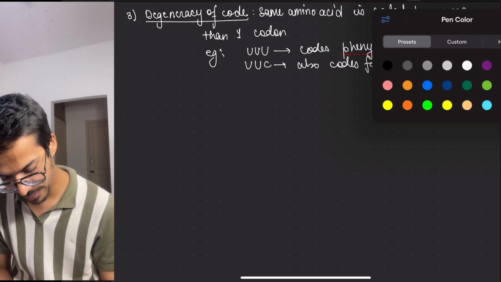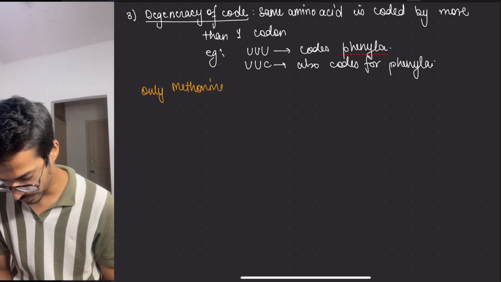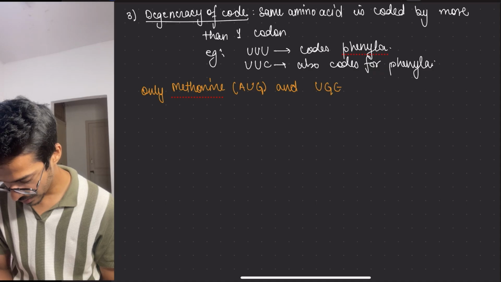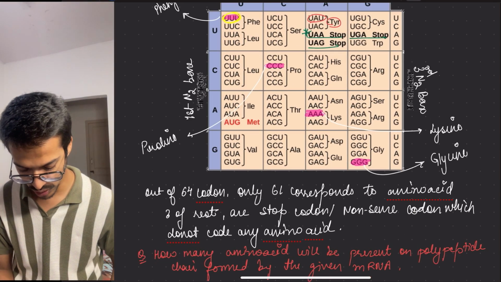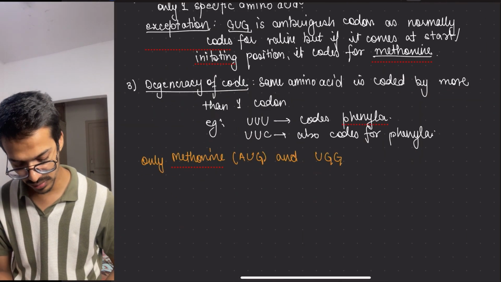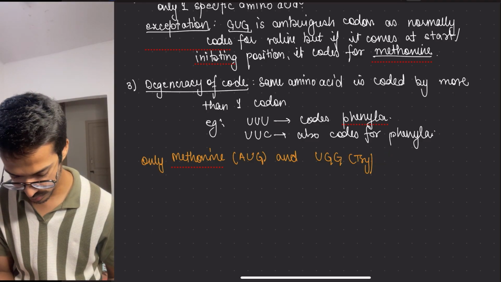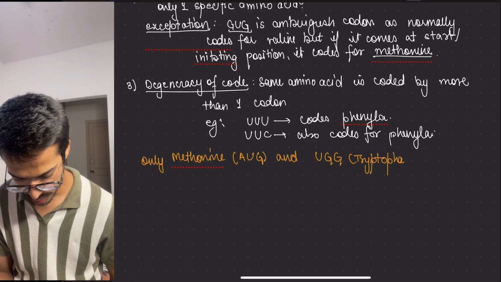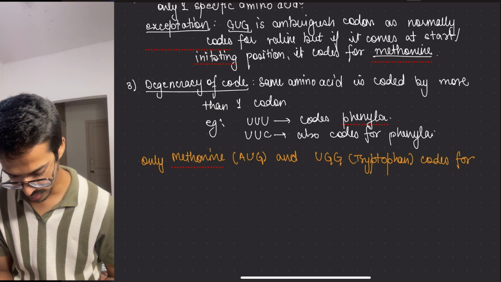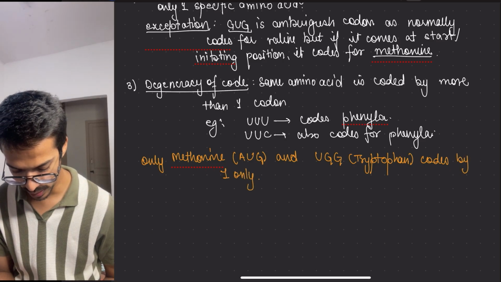One fact we should remember here: only methionine, AUG, and UGG, which is tryptophan, are coded by one codon only.